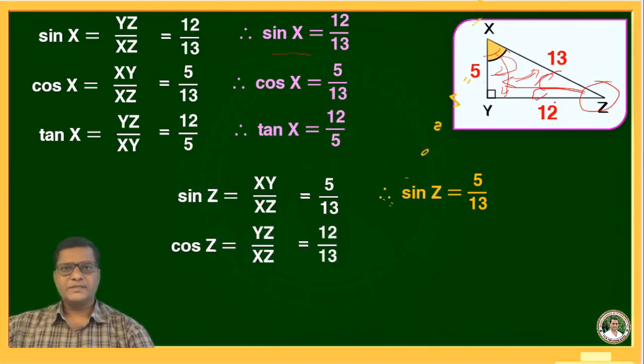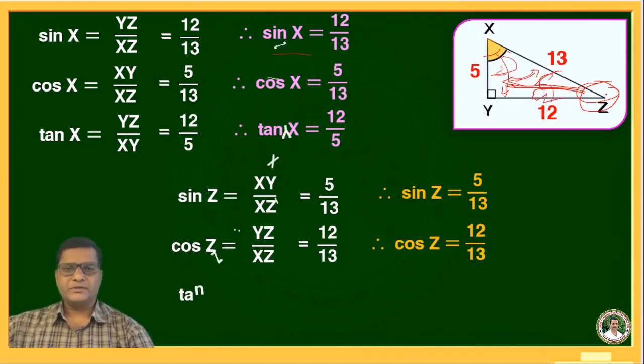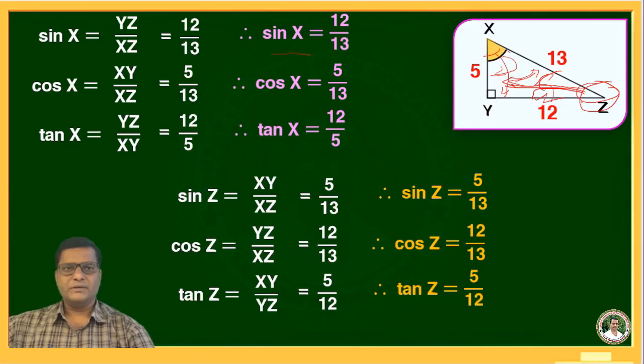Therefore cos z is equal to 12 upon 13. And at last tan z. Tan z means opposite side upon the adjacent side, that is XY upon YZ, that is 5 upon 12. Therefore tan z is equal to 5 upon 12.